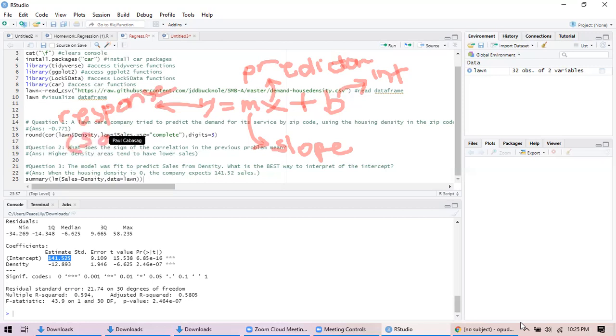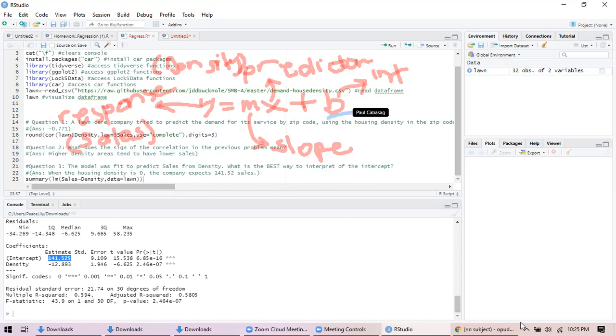Yes, so it will be the sales. And the predictor will be the density. Okay, density. Let me change color.